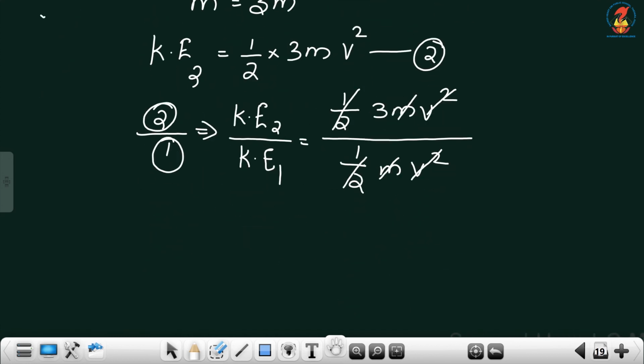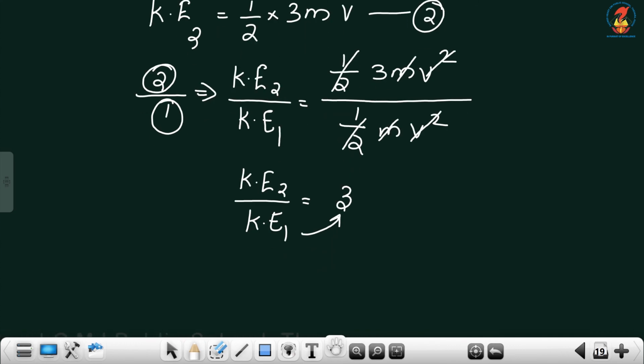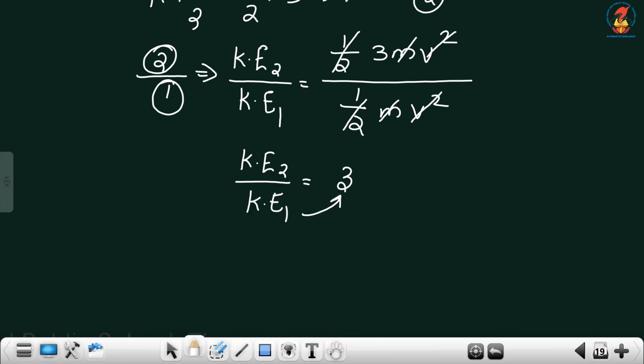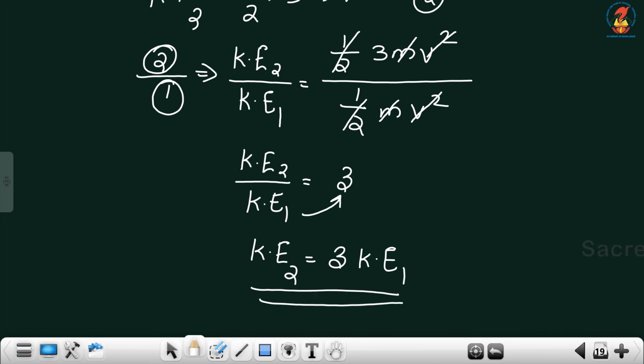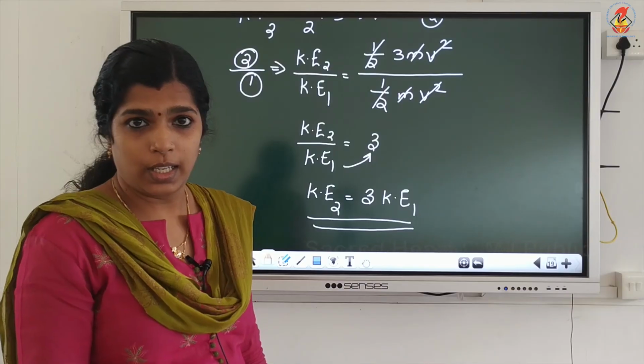So, what is remaining? Second kinetic energy by first kinetic energy is equal to 3. Just cross multiply this one, that is the new kinetic energy will be 3 times the old one. This is the answer.